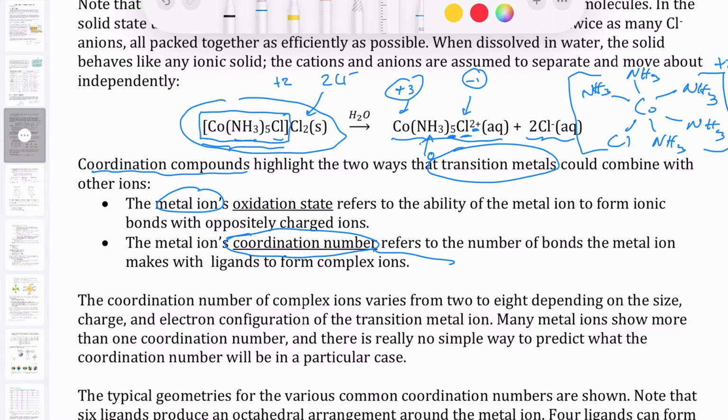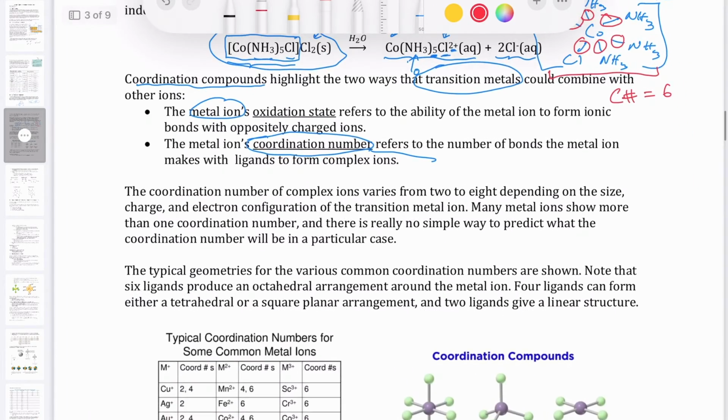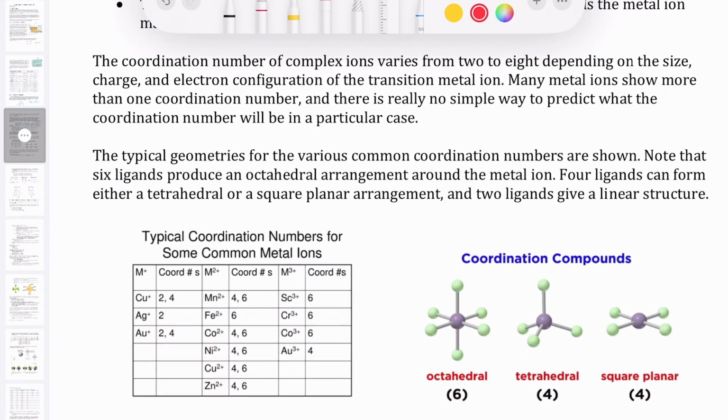So for the example that we just looked at, which is this cobalt with ammonia and chloride complex ion, that one has 6 bonds between the transition metal ion and the ligands, so we would say that the coordination number is equal to 6 in that case. The coordination number usually will range from 2 to 8, and it's always an even number, so it could either be 2, 4, 6, or 8.